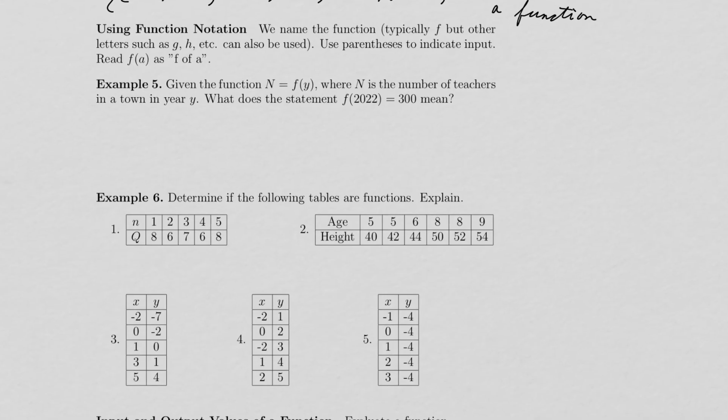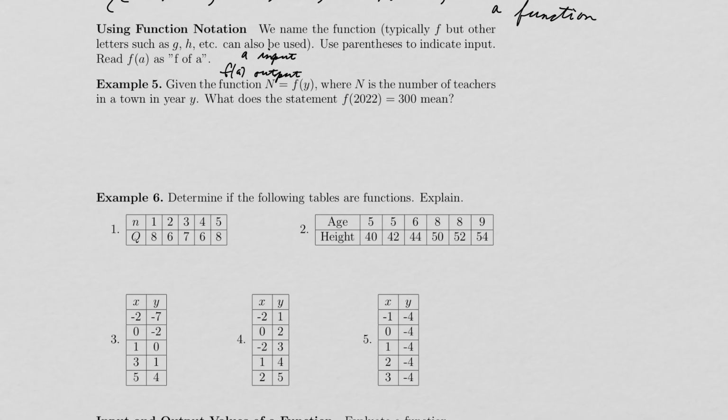And when you see the notation f parentheses a close parentheses, you read that as f of a. And in this case, the a is the input and the f of a is the resulting output.